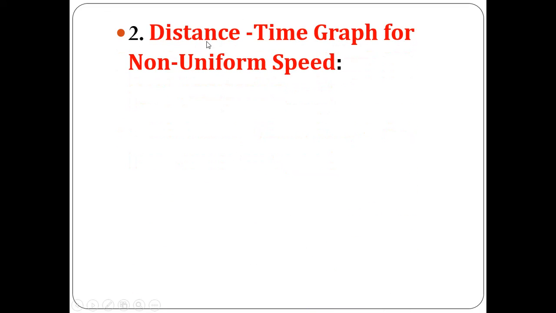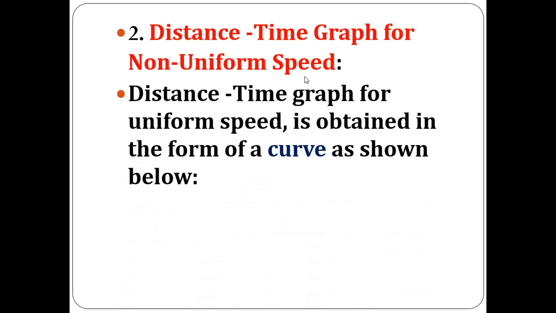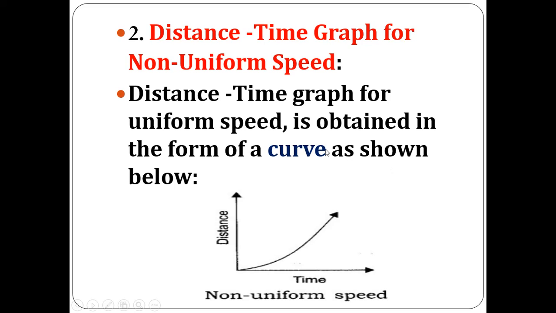Now, the second one is the distance time graph for non-uniform speed. When the object is having non-uniform speed, how will the distance time graph be? It will be obtained in the form of a curve. Here you can see in the picture.